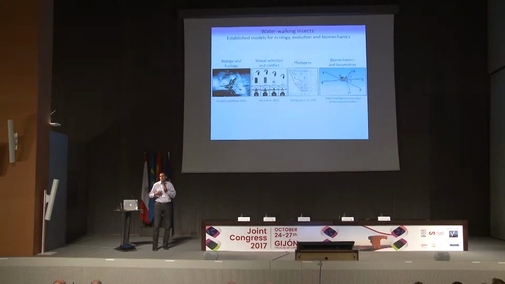Before we started this work, there was a large body of knowledge and literature about the ecology, the biology, and the geography of these insects. So we had a good understanding of sexual selection, sexual dimorphism, phylogenies, fossil records, and these insects even attracted applied mathematicians and physicists that want to understand how insects or animals can walk on a fluid surface.